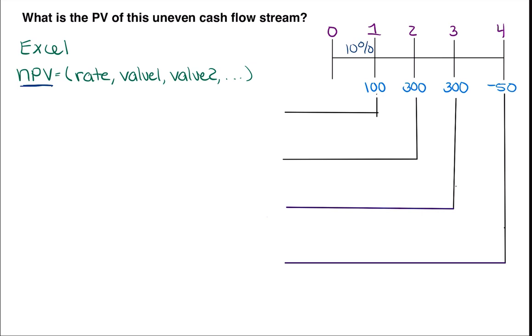So we're going to do present value of this uneven cash flow stream. It looks like my rate is 10%, and I have 4 compounding periods, 1, 2, 3, 4, with my first payment or my first deposit at the end of the first period.